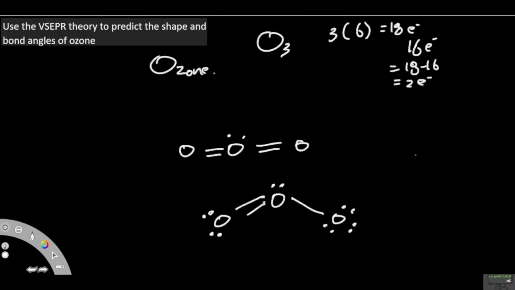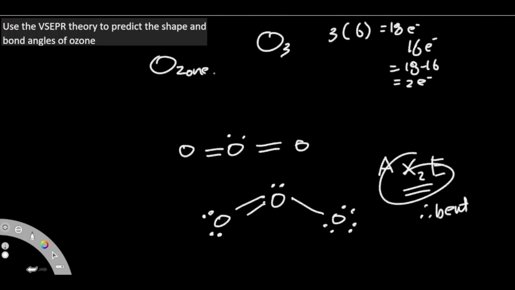So our central atom here is A for our oxygen, and then we have our surrounding bonded elements here, it's O. So we have AX2, and then it has one lone pair, so it's going to be E1 or E. So what is this one going to be? The name of this one is therefore going to be called bent. Okay, and it's bent under the trigonal planar banner.